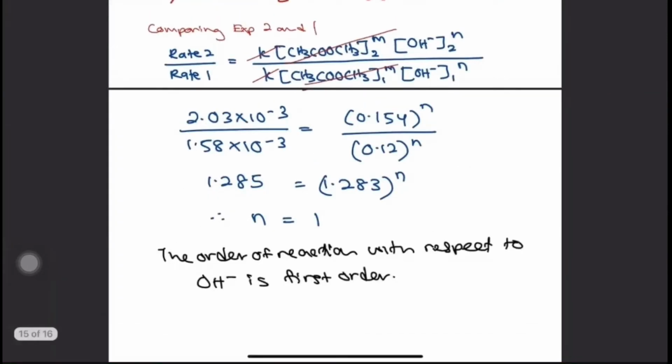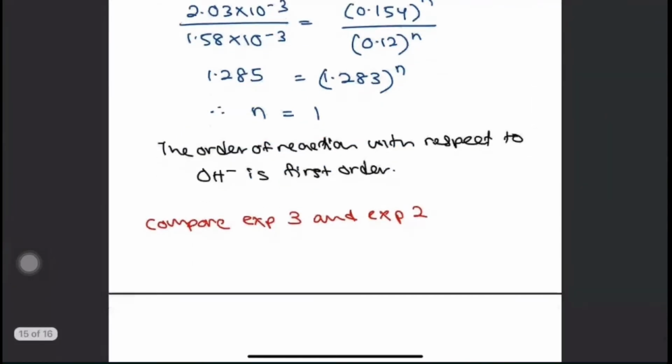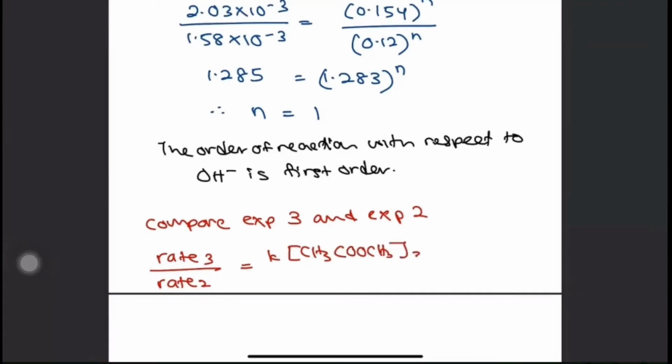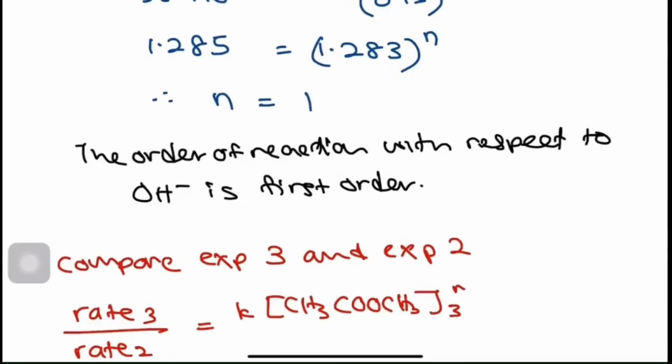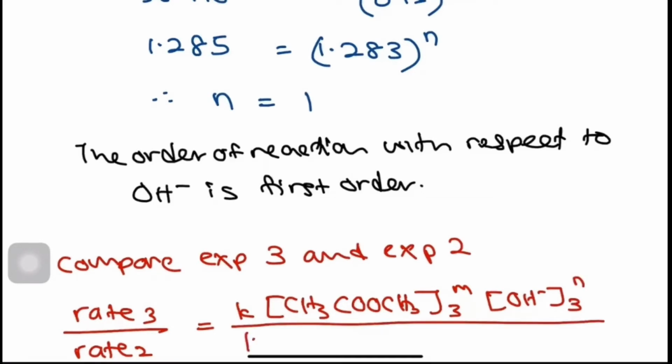So second, we are going to compare experiment 3 and experiment 2. So start off by writing rate 3 divided by rate 2 equals k, again CH3COOCH3 for experiment 3 to the power of m multiplied by concentration of hydroxide, experiment 3 to the power of n, divided by k.